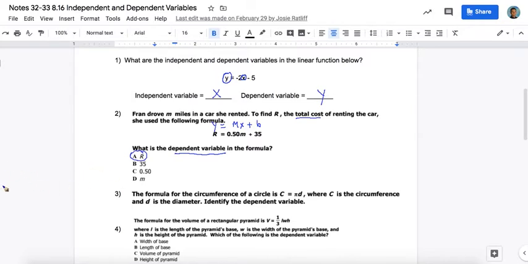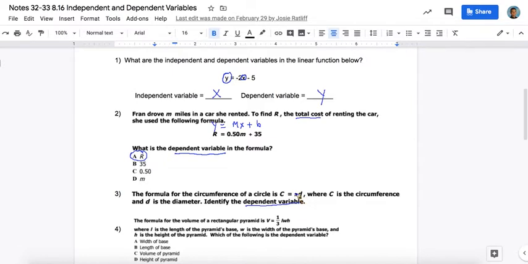Okay, so let's move on to number 3. It says the formula for the circumference of a circle is c equals pi times d, where c is the circumference and d is the diameter. Identify the dependent variable. So once again, if we look at it as y equals mx plus b, this is what the equation equals, and here we're multiplying the letter by pi.